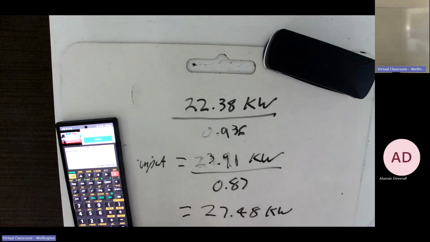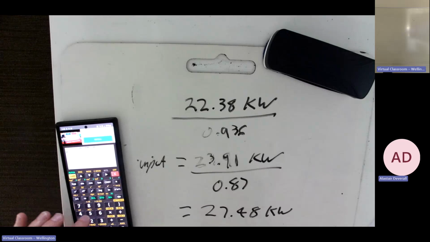So power, which is our VA, 2748 equals root 3 times V line, which is our 415, times I line. We divide both sides by root 3 times 415.